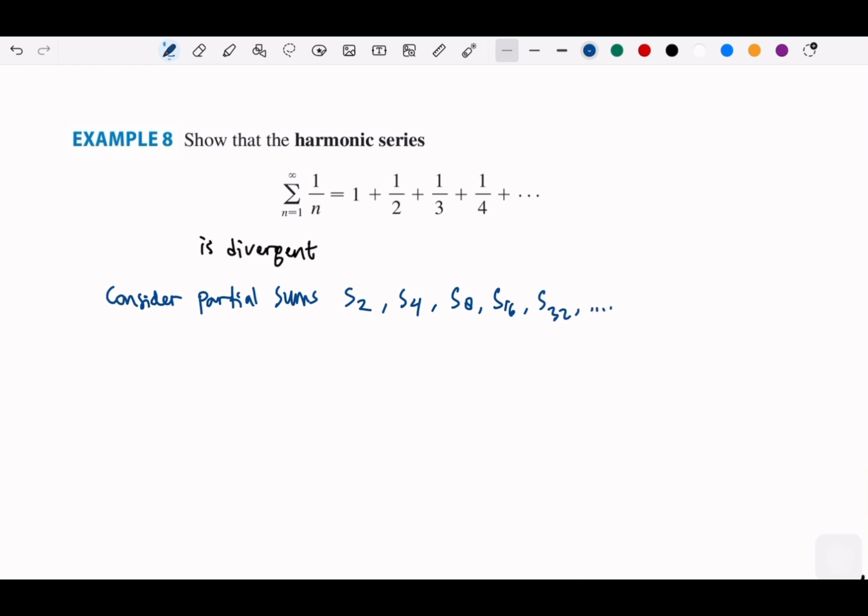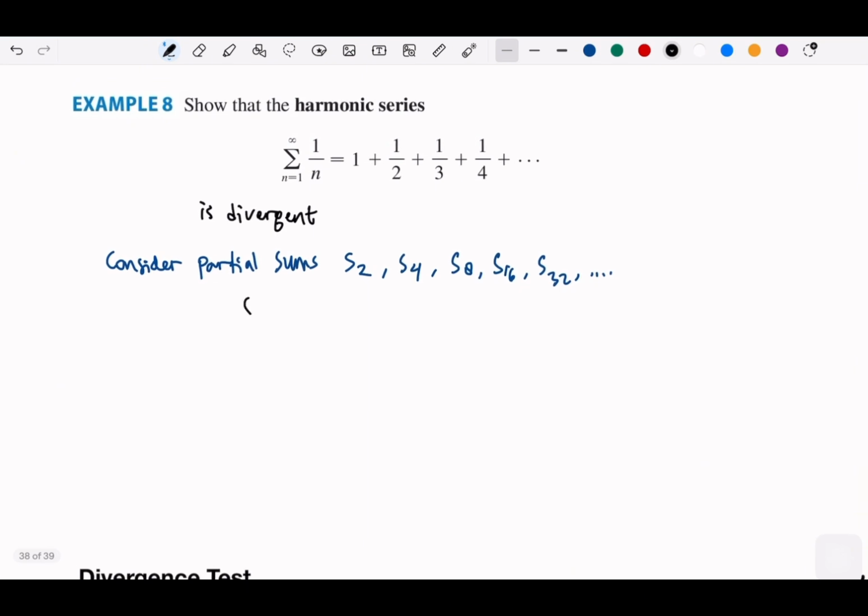Why? Because this will simplify our computation, and we could see the proof immediately. It doesn't mean we throw away S1 and the other S, but we could see from this part that this will be true.